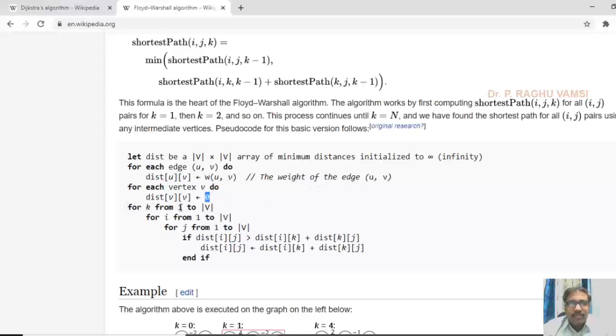For k from 1 to V, you are supposed to consider all the vertices, pick one vertex from that, pick the adjacent vertices, and make the comparison.